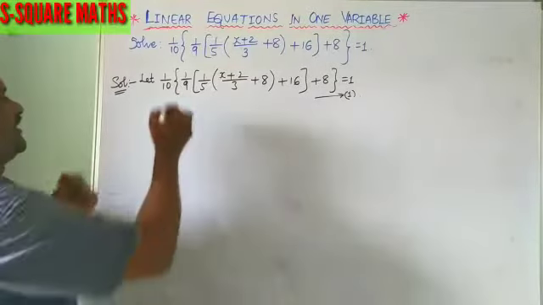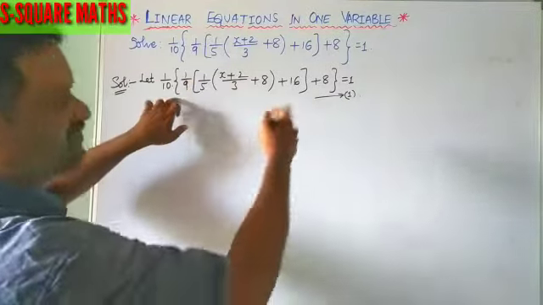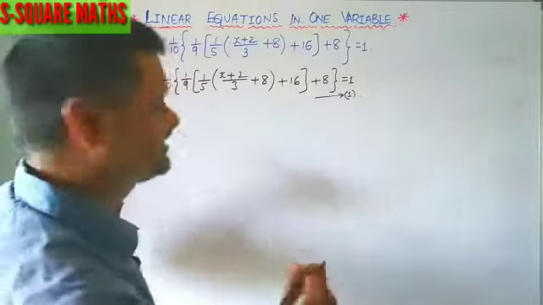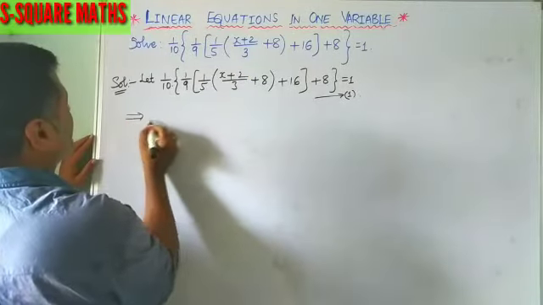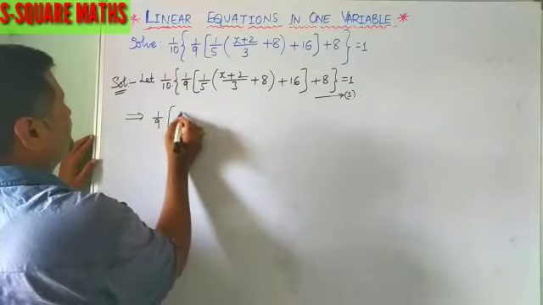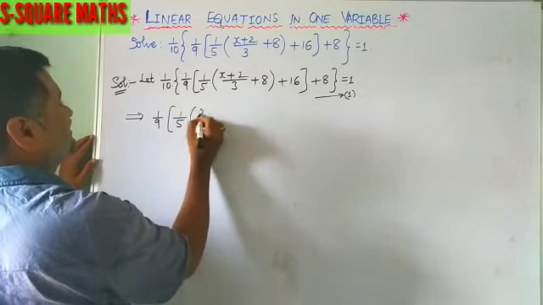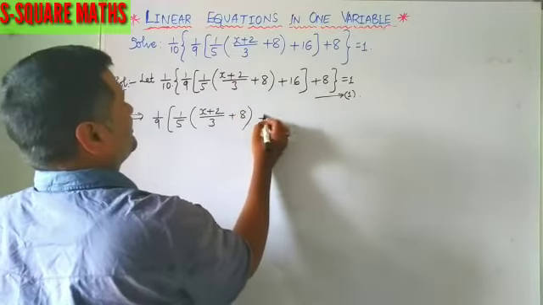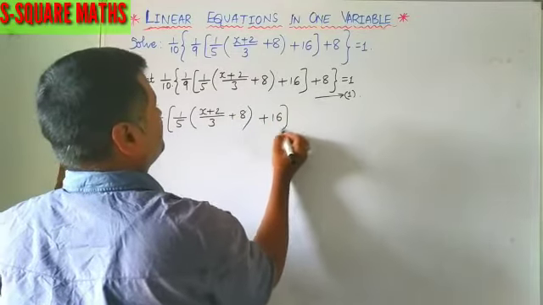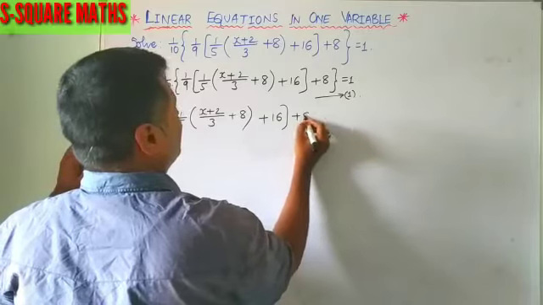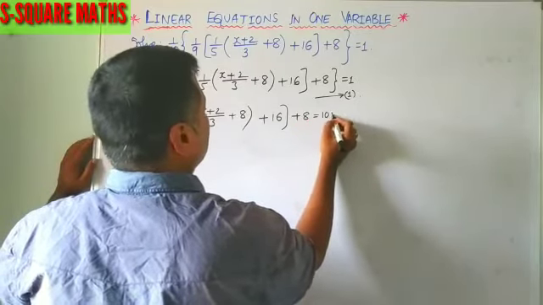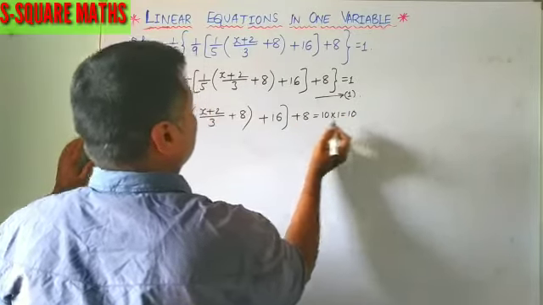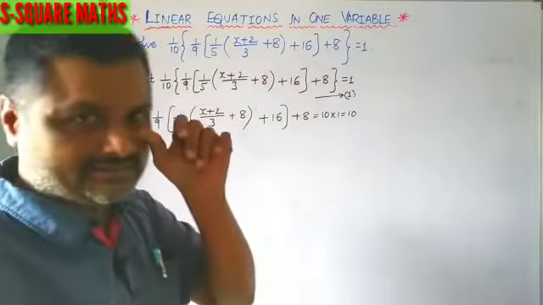Here 1 by 10 and the bracket stands for multiplication. So I can write 1 by 9 of 1 by 5 of x plus 2 by 3 plus 8 plus 16 plus 8 is equal to 10 into 1, which gives you 10, because I shifted to the RHS.